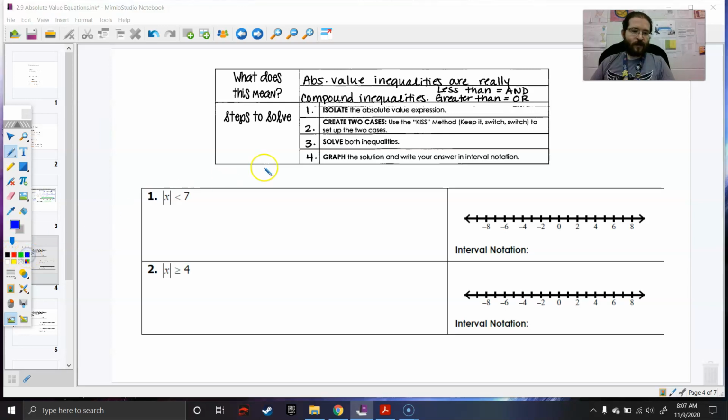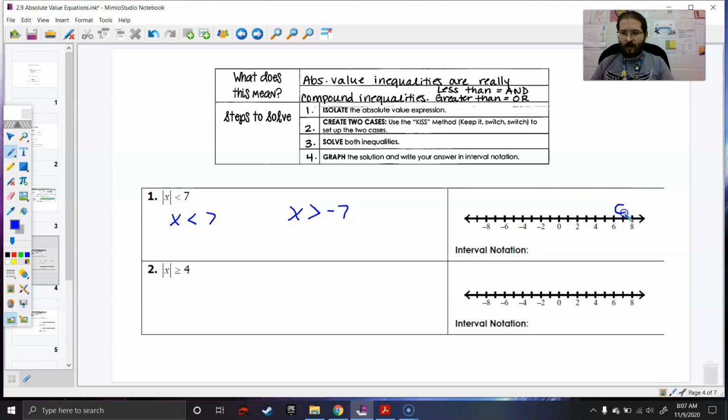All right, so let's see what we got. We have a less than, so we know it's going to be an and situation. It's already isolated, so we have our first case, and then we'll have our second case. We keep, switch, switch. And then we just graph less than 7.